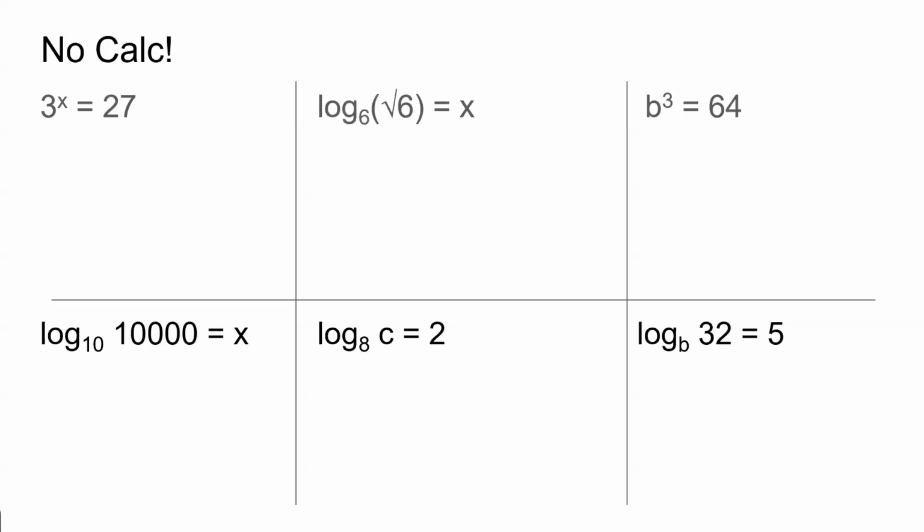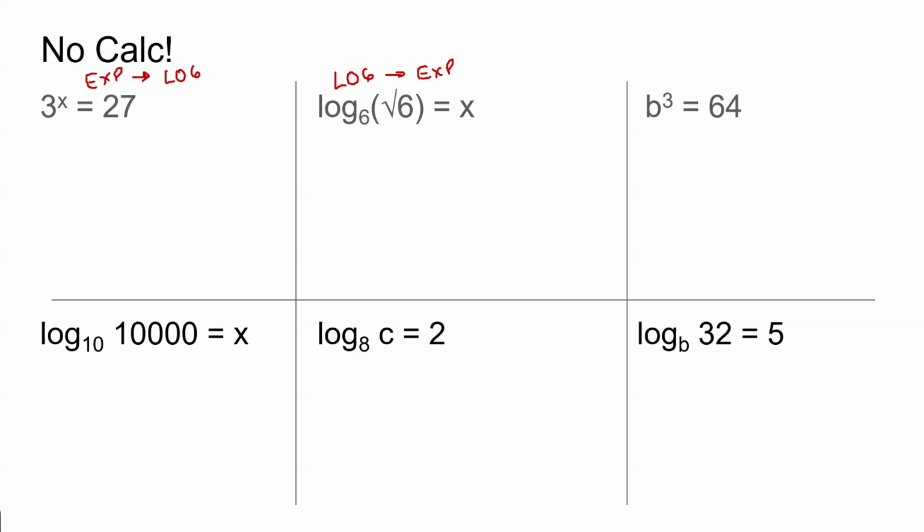If I have this guy, 3 to the x equals 27, and I change that from this exponential form to a logarithm, very often this is a good trick. If it's in exponential, probably want to go log. Over here, this is the log equation, might be useful to go to an exponential equation. Okay, so that's always an option.